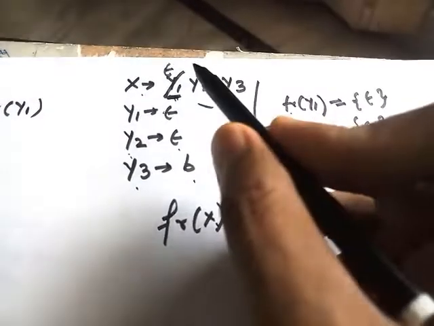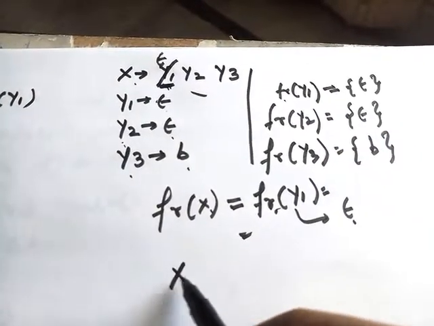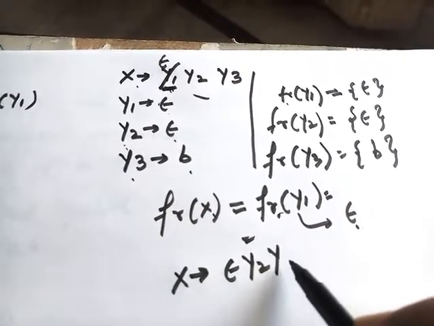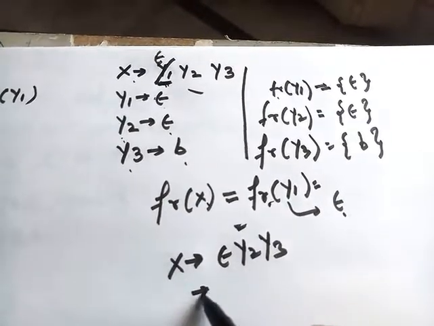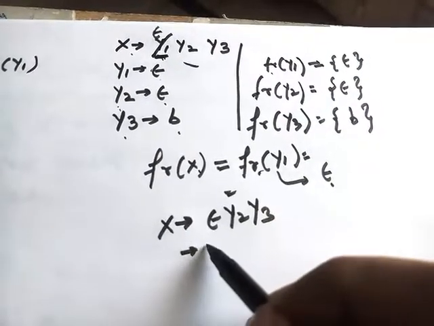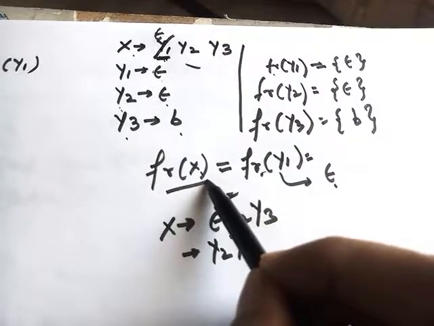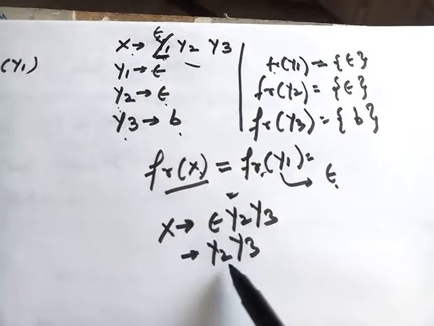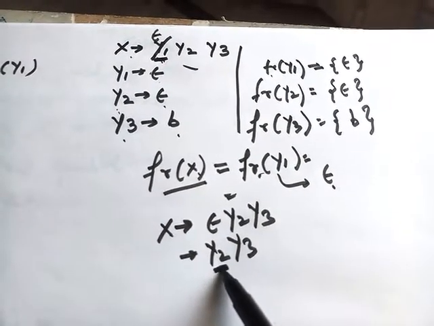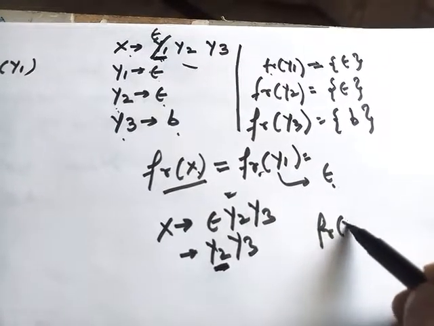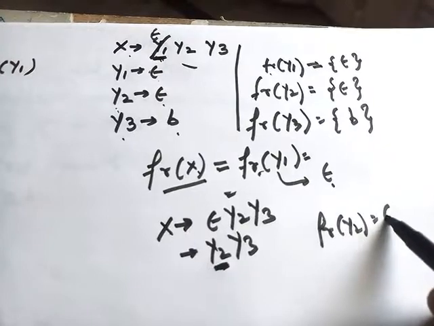If you substitute epsilon over there, what will be the string? X generates epsilon, Y2, Y3. And as you know, epsilon means nothing, so it becomes Y2 and Y3. Again, what is first of X? Just see the new production. First of Y2, and first of Y2 is again epsilon.